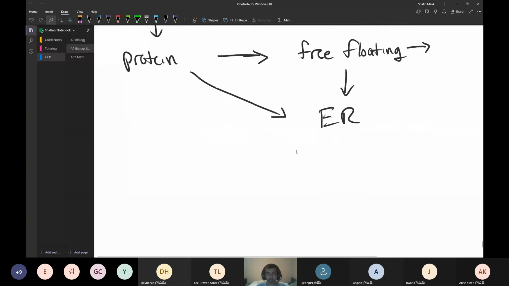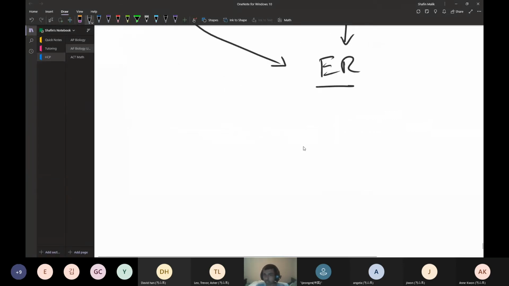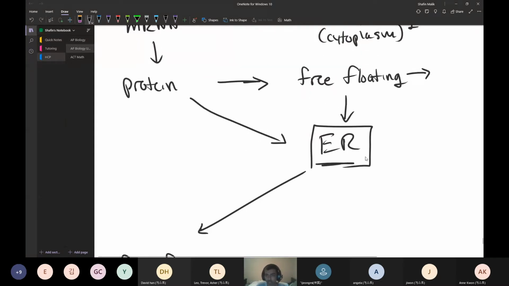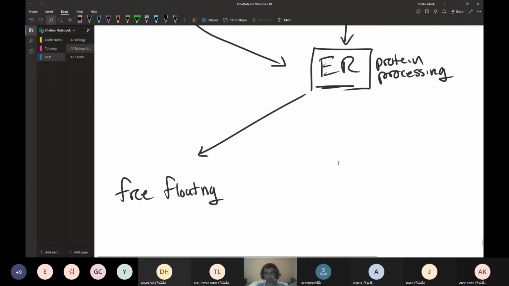So from the ER, there's two options. We're still working with the proteins, right? So the protein can go to two places. One is free floating again. So in the ER, what happens is protein processing. After the protein is finished processing, and by processing, you remember I just mean it folds properly, it has attachments like carbohydrates if they need to be added, anything, right?